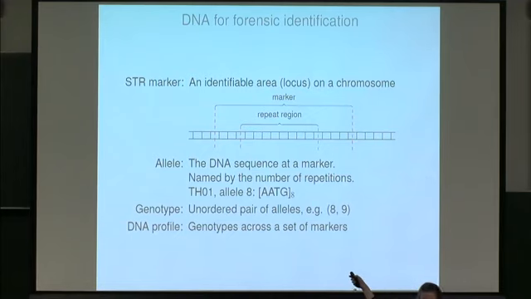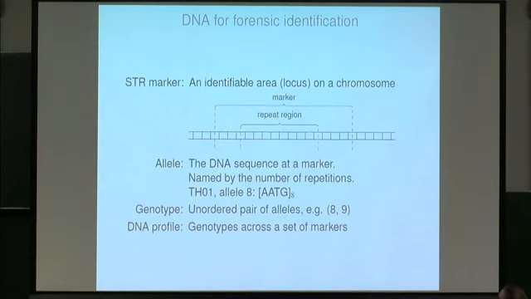That's how we find the region. And then we vary in what we see here in the repeat region. And that is, as Roberto just explained, we have a different number of repeats of a particular word. And there might also be some more detailed variation, but usually we can't see that in the measurement process.